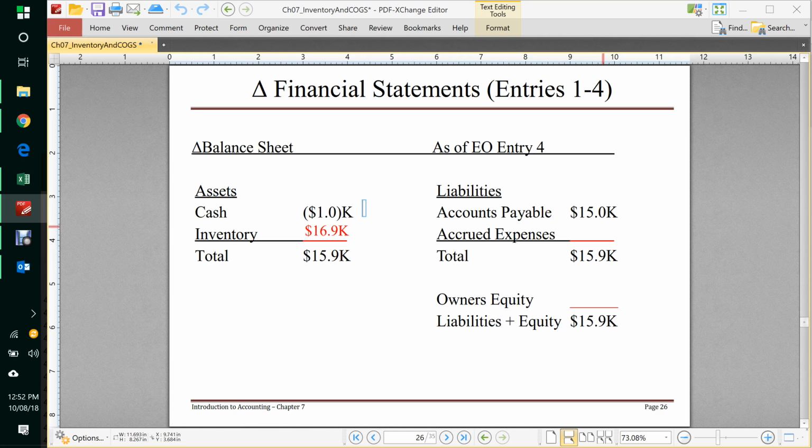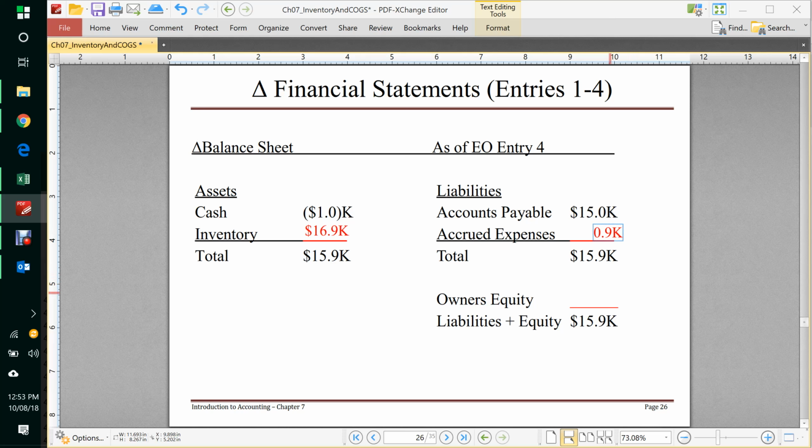Okay, for liabilities, we got invoiced for the container, okay, and we had our accrued expenses of 0.9, that's the rent and the electric and the salary. Okay, so total liabilities at the end of this 2-day period, except for selling the container, 15.9 thousand.